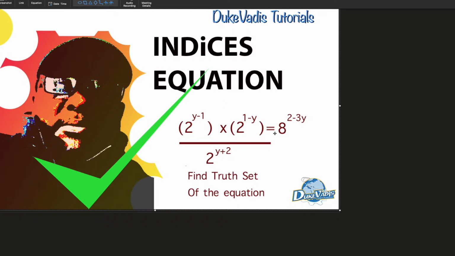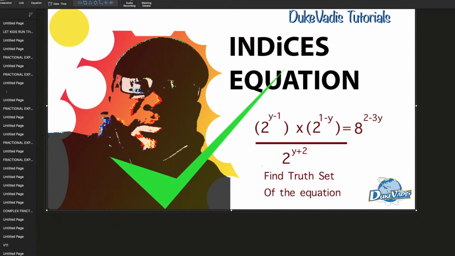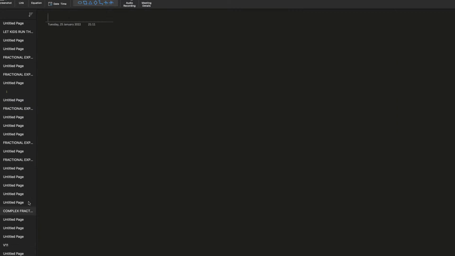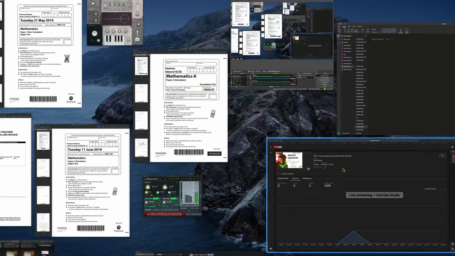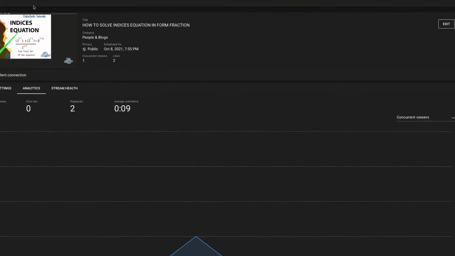So this is all equal to 2 raised to the power 2 minus 3y divided by 2 raised to the power y plus 2. Let's see how we can sort such a question out to find a truth set.